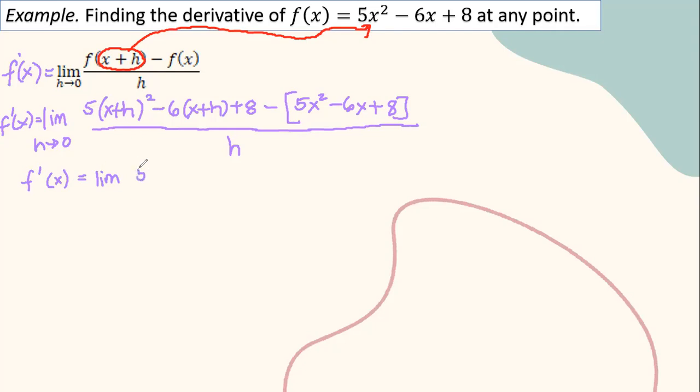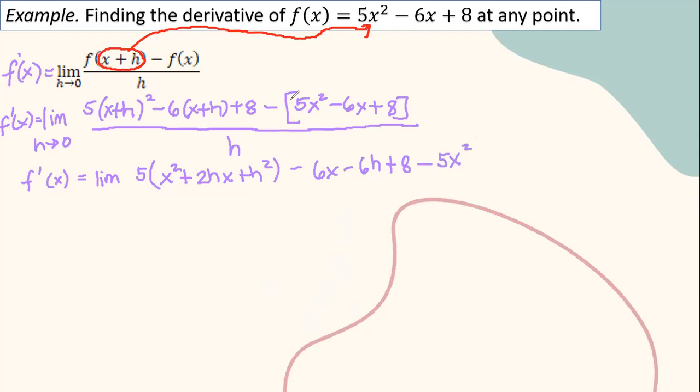So, 5 times x squared plus 2hx plus h squared, minus 6 times x plus h is 6x minus 6h, plus 8, minus 5x squared.